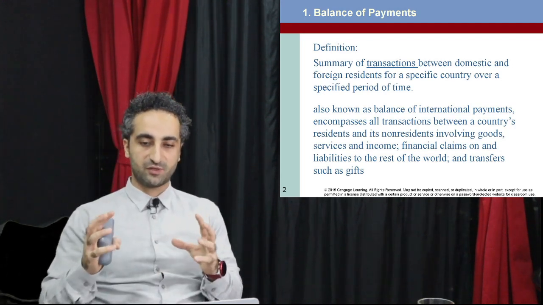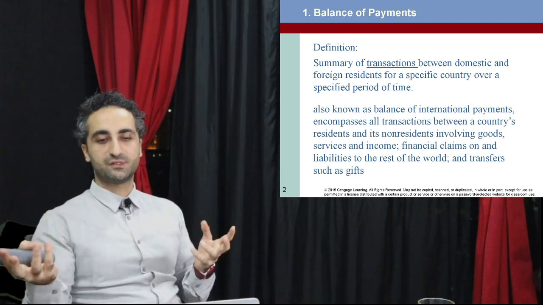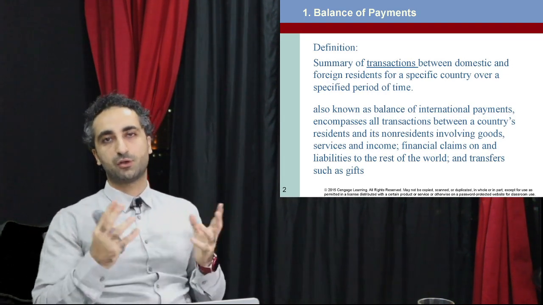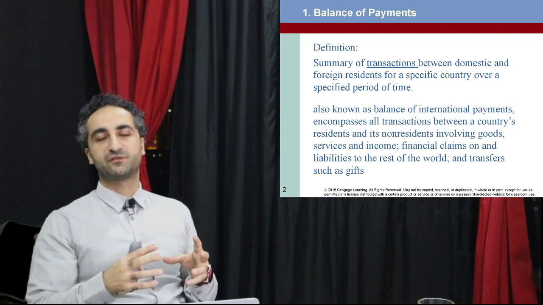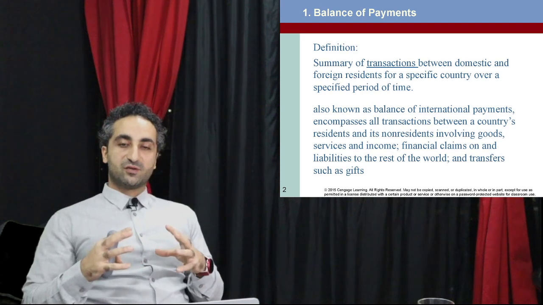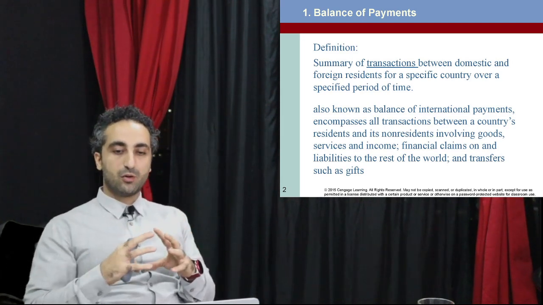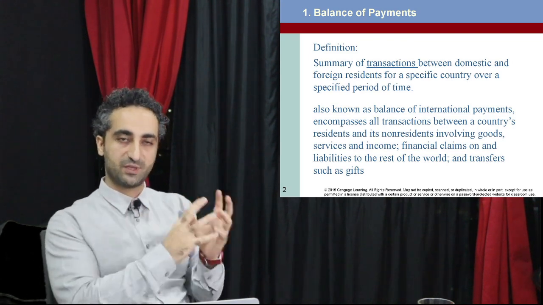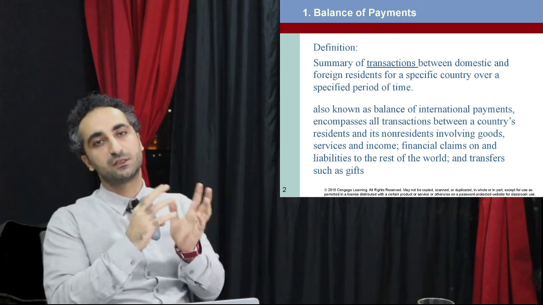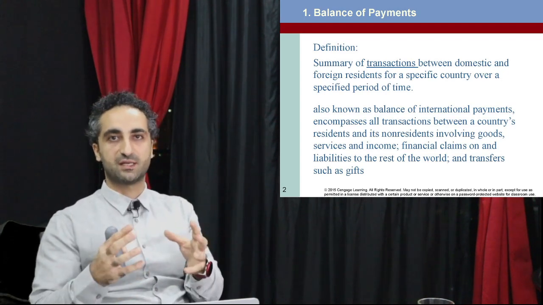It's a summary of transactions between domestic and foreign residents for a specific country over a specified period of time, usually 1 year. It's also known as the balance of international payments, and encompasses all transactions between a country's residents and its non-residents involving goods, services, and income.